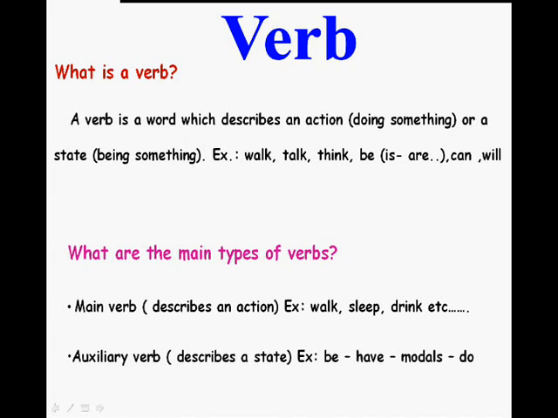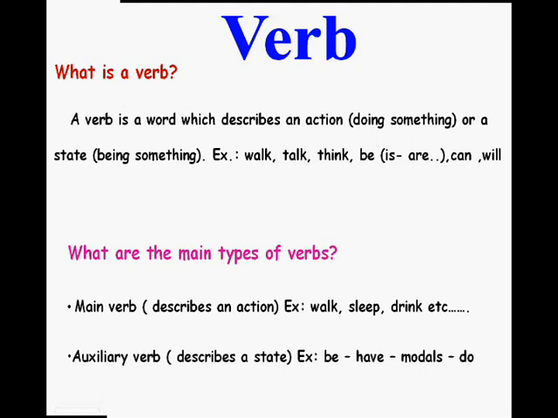Be careful. Today, we are not looking at tenses. We are looking at the verb itself. Okay? We aren't talking about present or past or continuous or all the other tenses. We are looking at the verb itself. How to know that this word is a verb. Okay?